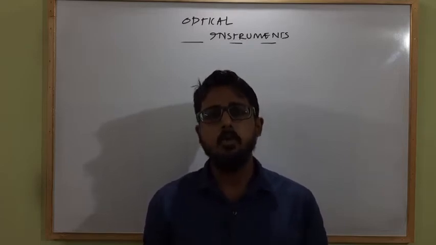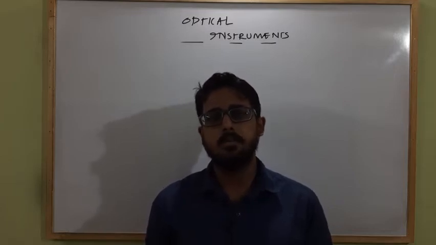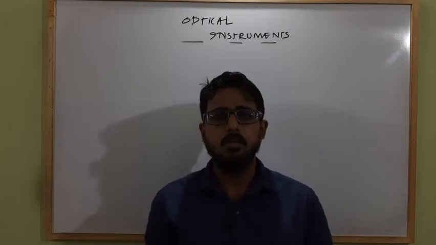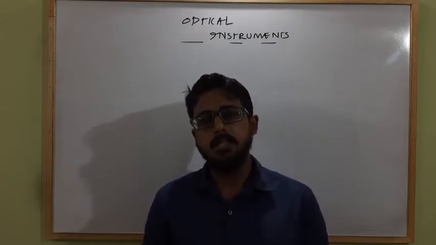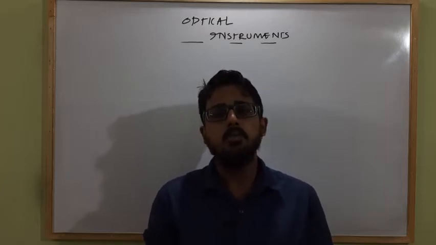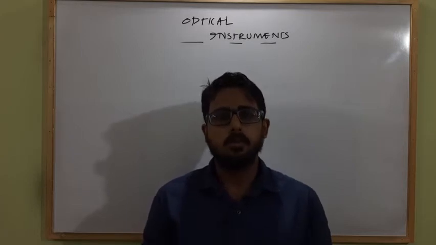Our eye is the most advanced optical instrument we use in our day-to-day life, and the other artificial instruments, that is binocular, camera, simple microscope, compound microscope, telescope, are all artificial optical instruments that we use to assist our eye to see more clearly.